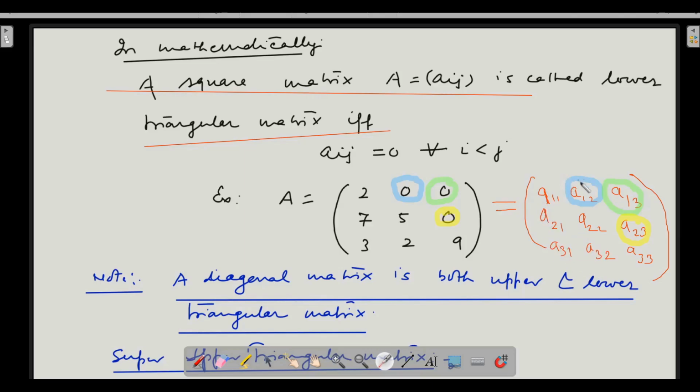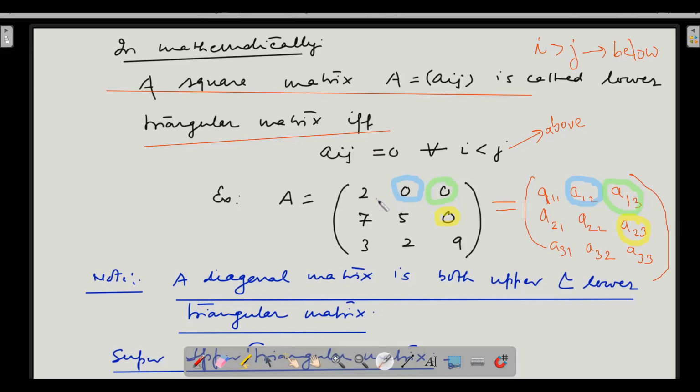So the elements which are present above the principal diagonal have i smaller than j, and elements below the principal diagonal have i greater than j.